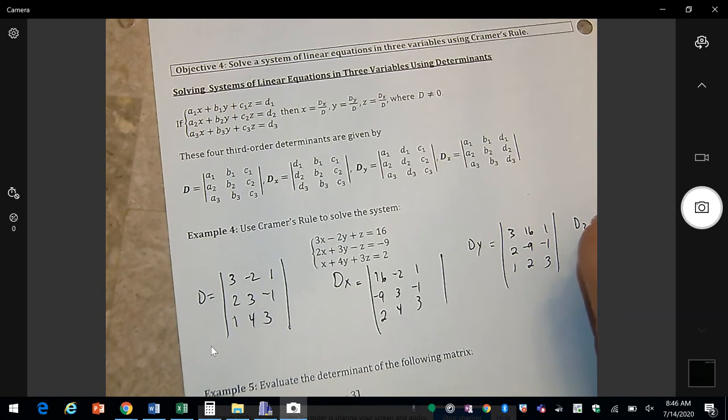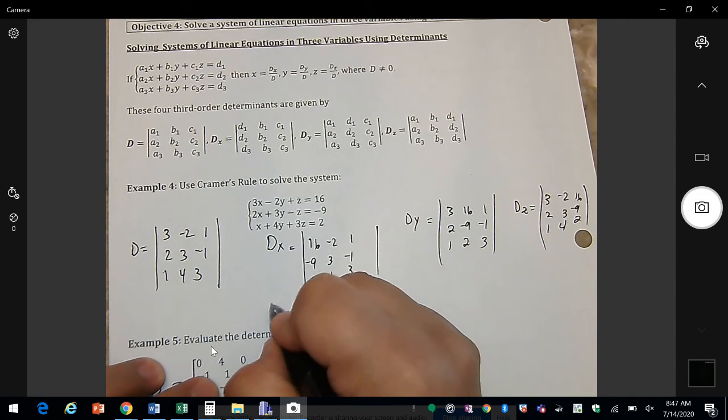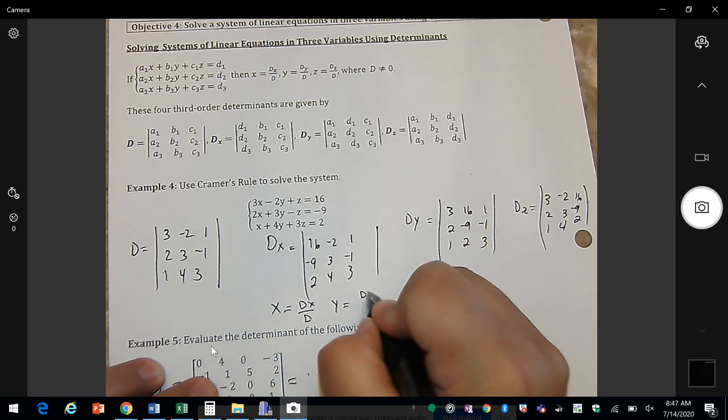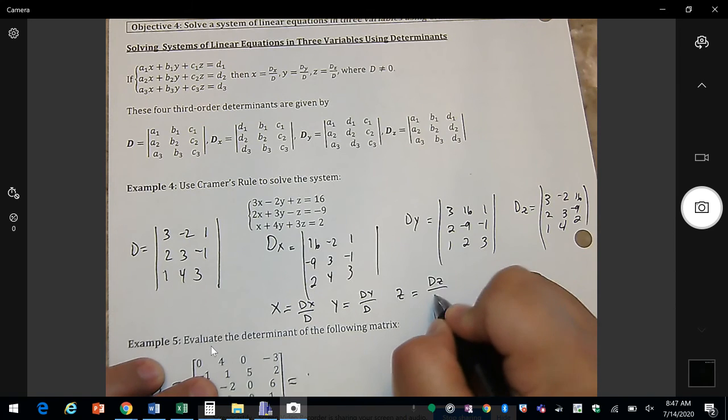And last, we need dz, which is made up of the coefficients of x, the coefficients of y, and the constants. 16, -9, and 2. So we would enter that into the calculator. And so to find x, we would do dx divided by d, y would be dy divided by d, and z would be dz divided by d.